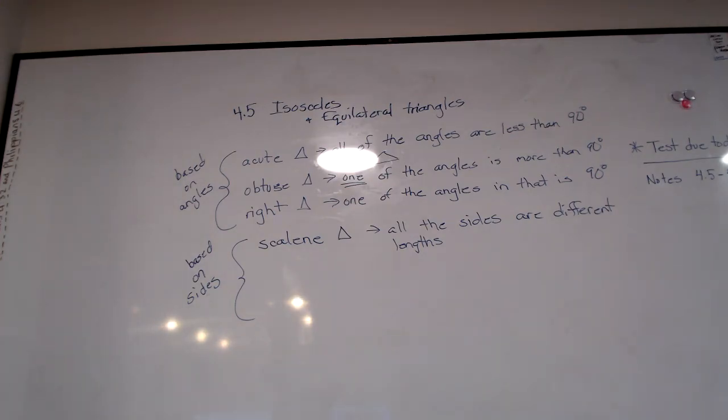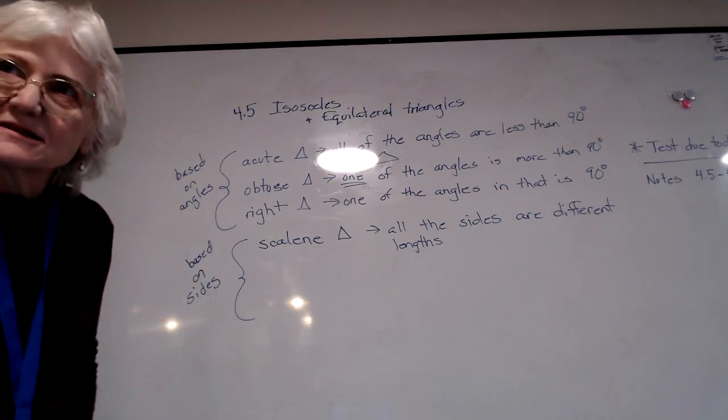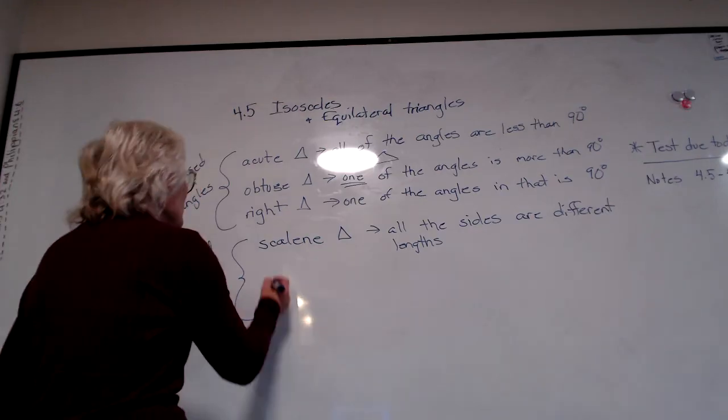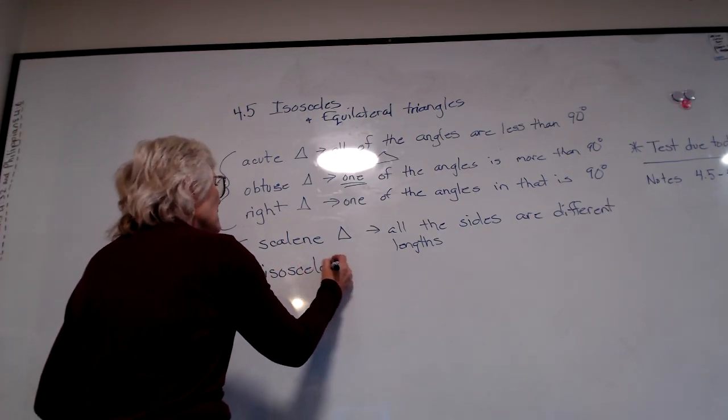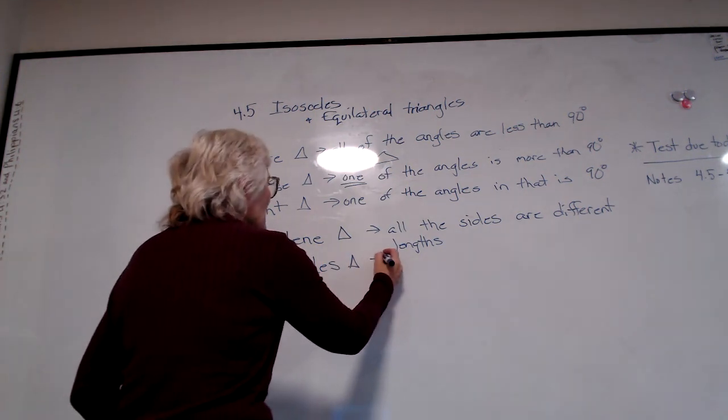What's another kind that we have? Harrison, do you know what's another kind? No. You don't, okay. Luke, do you know another kind? Micah, do you know another kind? Yes. Isosceles. Isn't that where like two of the sides are the same? That's correct.